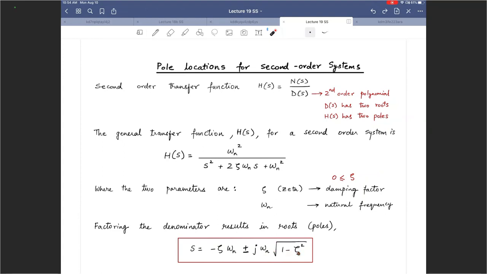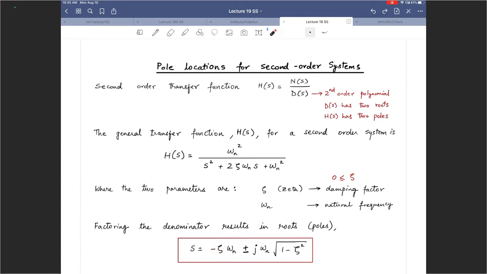Using your factoring techniques or finding the roots of a quadratic equation, you can find the two poles of this system. We are going to take these two poles and put them on the S-plane and try to analyze what happens when you increase or decrease zeta. What happens when you increase or decrease omega n, right?